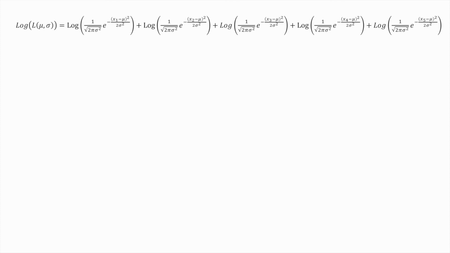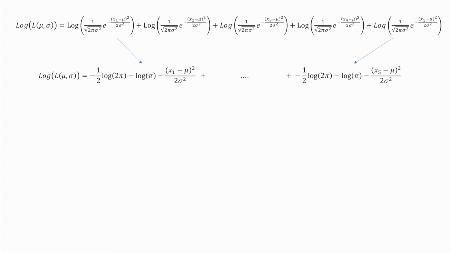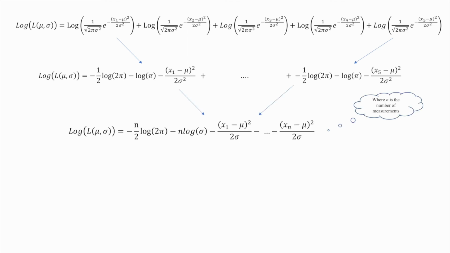Alright, let's go through the log likelihood. Each term in the first line will transform into minus 1 over 2 log 2 pi minus log pi minus xi minus mu squared divided by 2 sigma squared. Now this simplifies to minus n over 2 times log 2 pi minus n log pi minus x1 minus mu squared divided by 2 sigma, and so on, where n is the number of observations or number of measurements that we have.